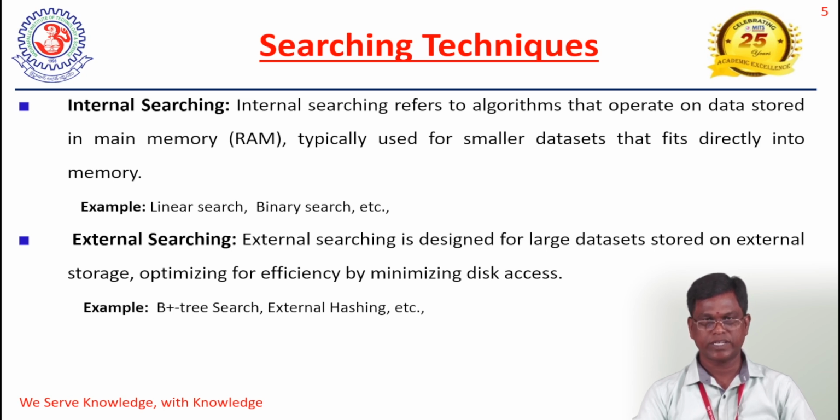Without searching every record in that database, I can search with the minimum number of disk accesses. The examples which come under this category are B plus tree search, external hashing, and many more.